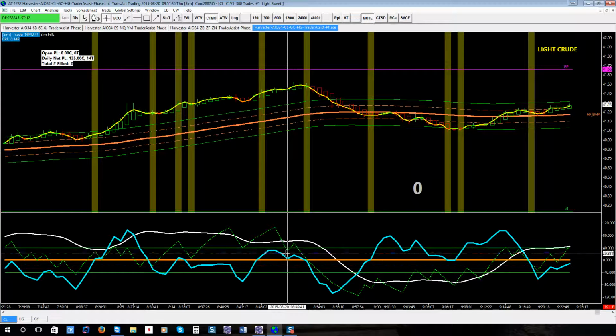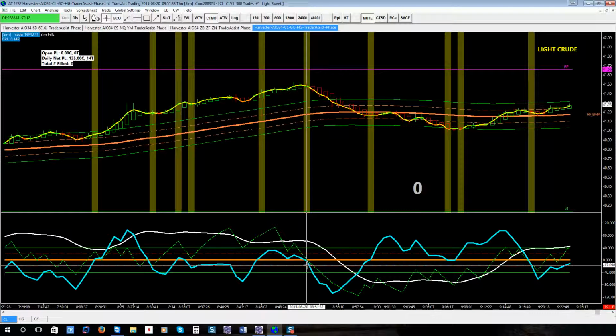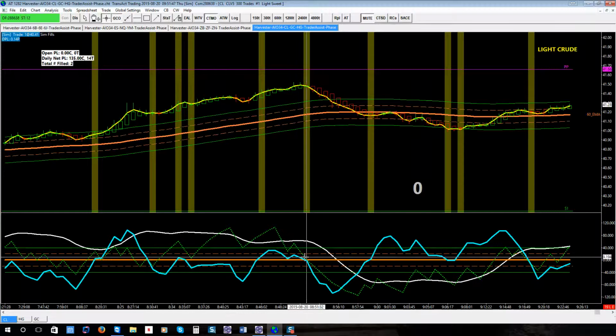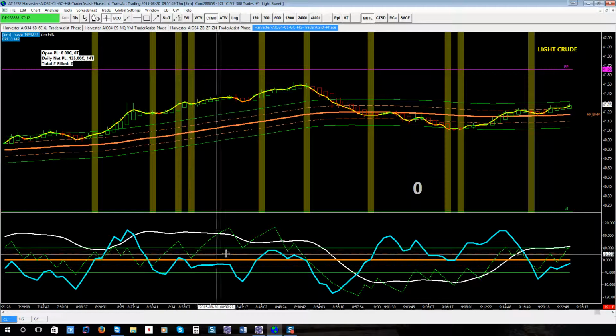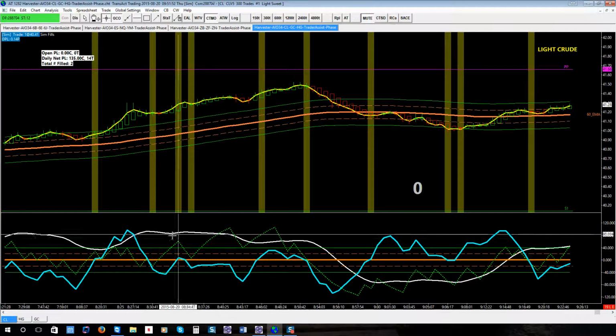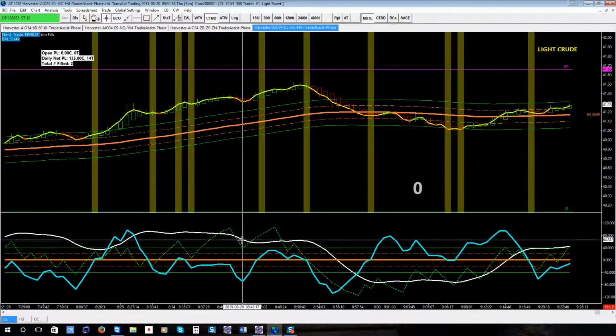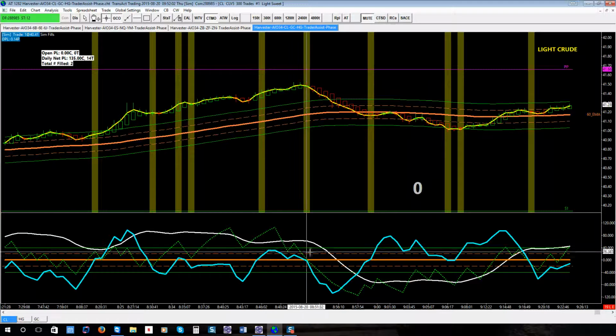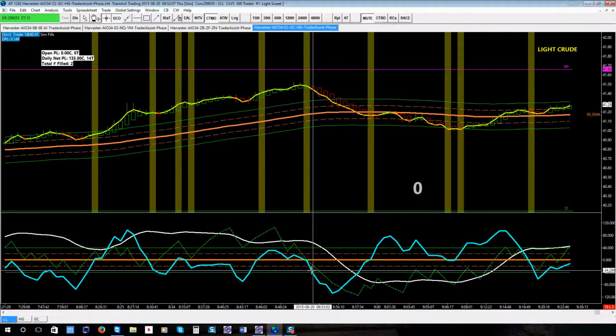Once the dotted volume line goes below the zero, that's the end of that sustained trend. So if you wish to catch a sustained trend, watch the dotted green line, the volume line. As long as it's above the zero, you're in a sustained trend, and as a warm and fuzzy blanket, you would notice that the white MACD would be outside the mids. Then get out of that sustained trend once the volume goes below the zero.